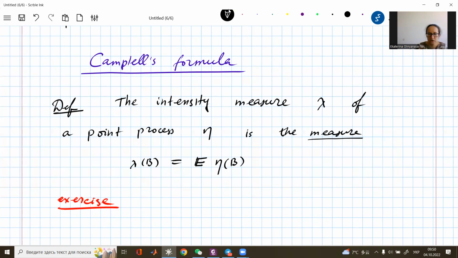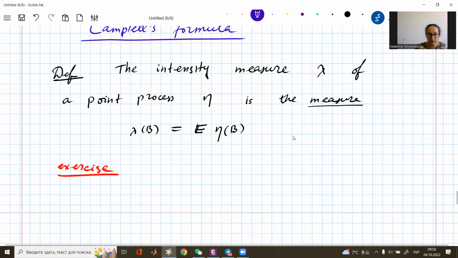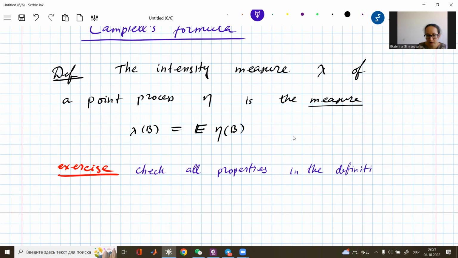Recall what properties something should have in order to be called a measure, and check all properties in the definition of a measure for lambda.